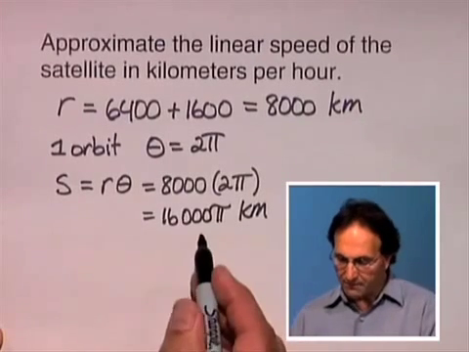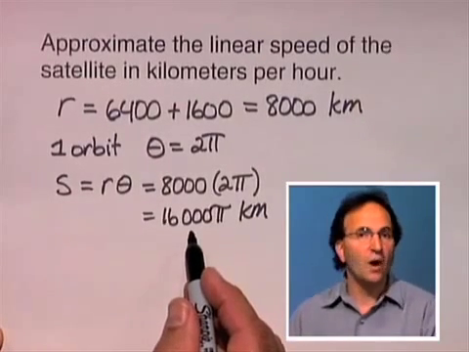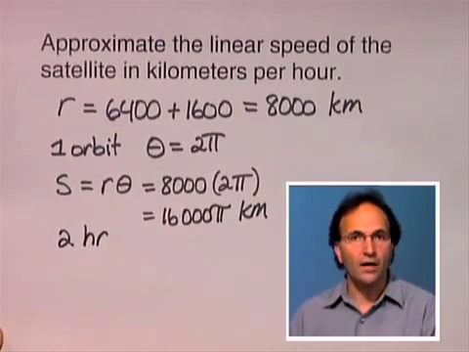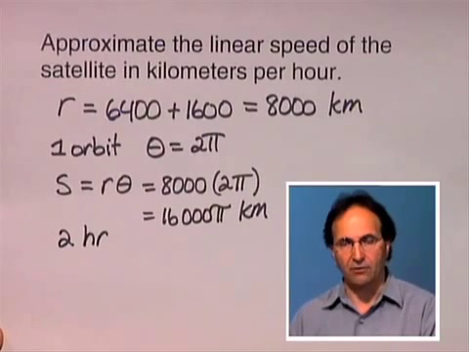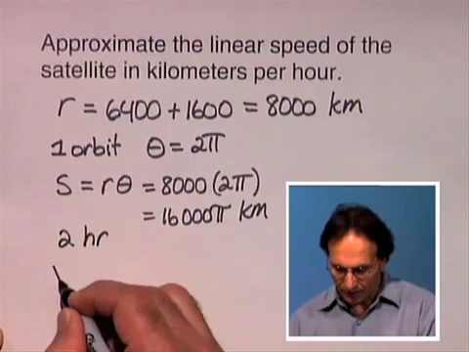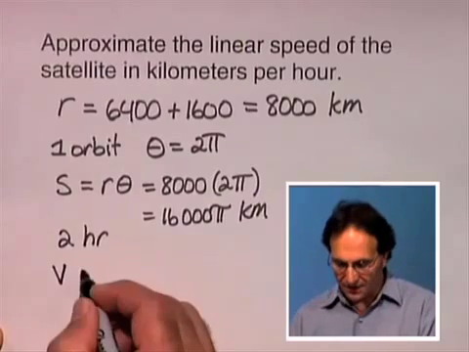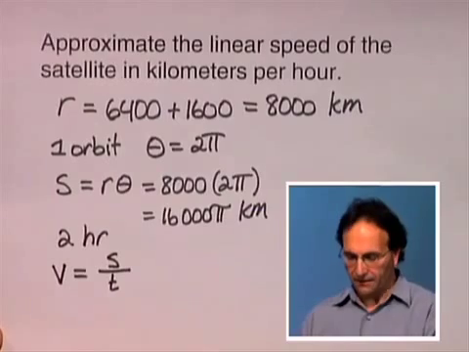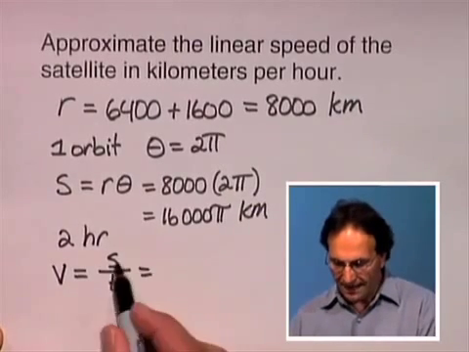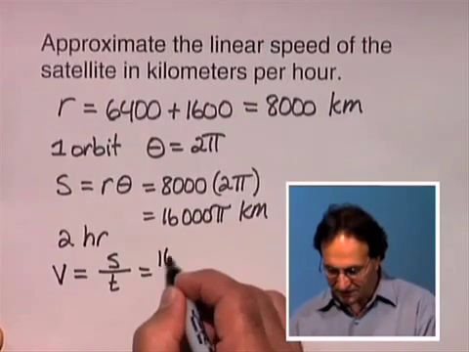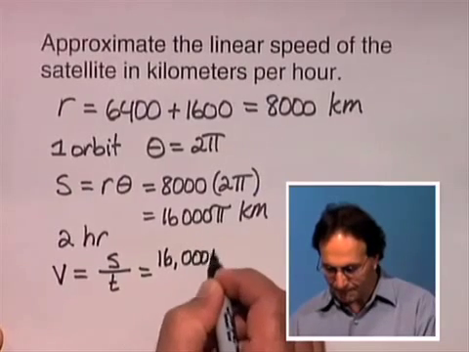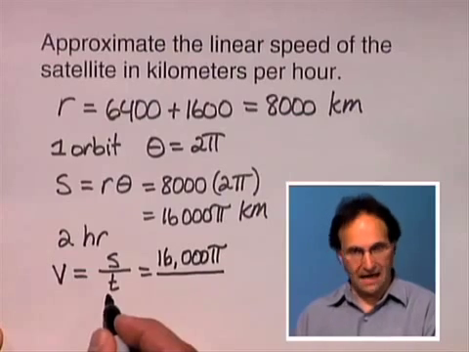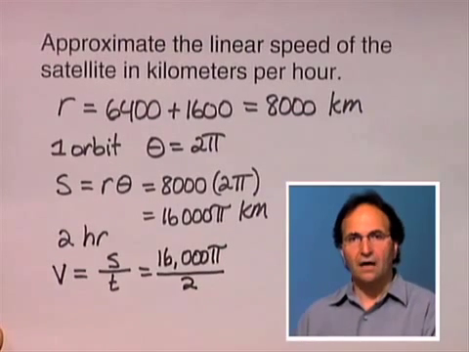Next, what we remember is that it takes 2 hours, let's write that down, 2 hours for one orbit of the satellite around Earth. So therefore, V is equal to S divided by T, that's our formula, and we know that S we just calculated, 16,000 pi divided by t, the time it takes, 2 hours.